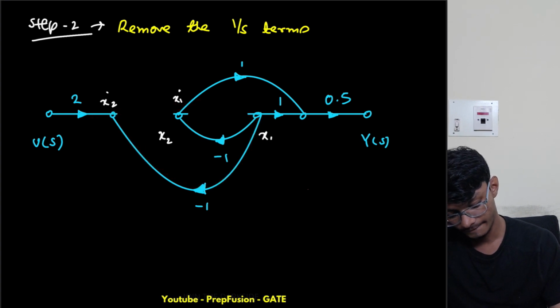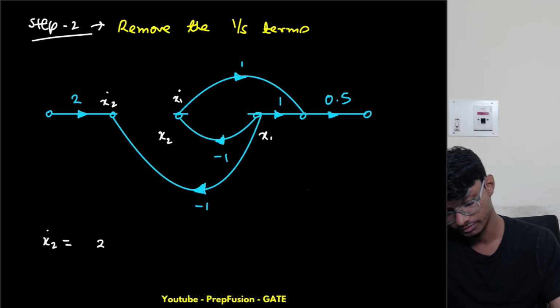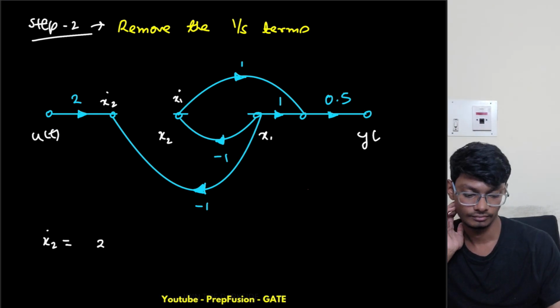So x2 dot equals simply 2u, this is also 2u of t, and y of t basically, u of t and y of t.